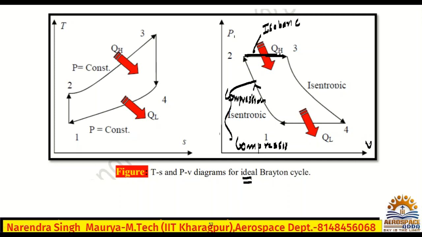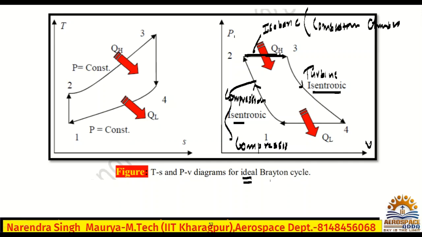This is isentropic, this is isobaric, and it is in the combustion chamber. All right, 3 to 4. Check, pressure is decreasing, volume is increasing, which is isentropic. And where does this occur? Where expansion occurs, in the turbine.